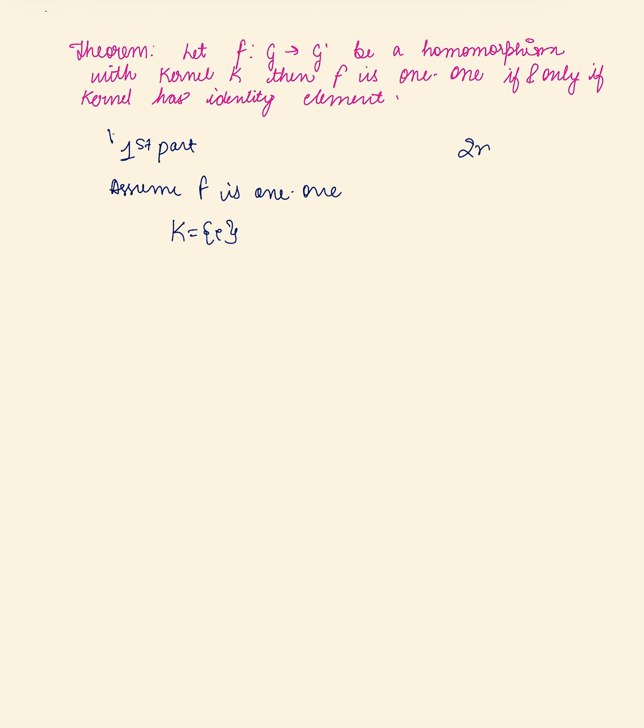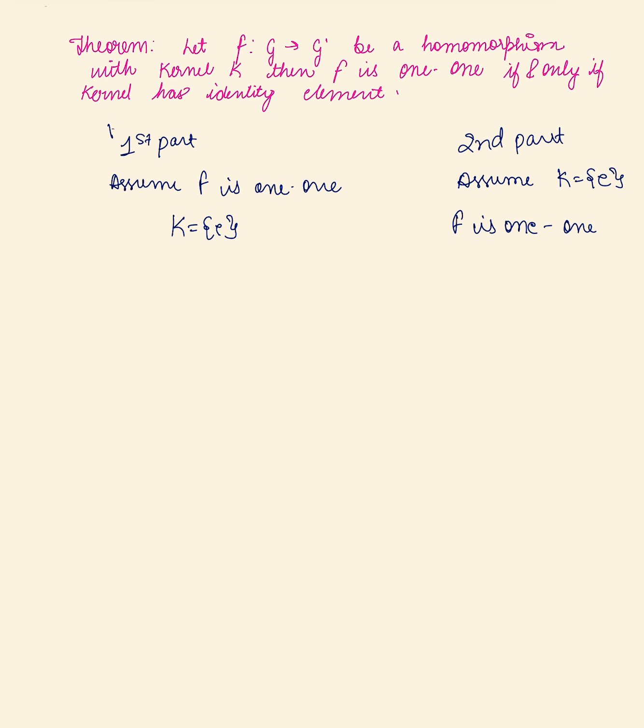In the second part, I will assume that the kernel contains only the identity element and I will prove that f is one-one. So we are proving this theorem in two parts.